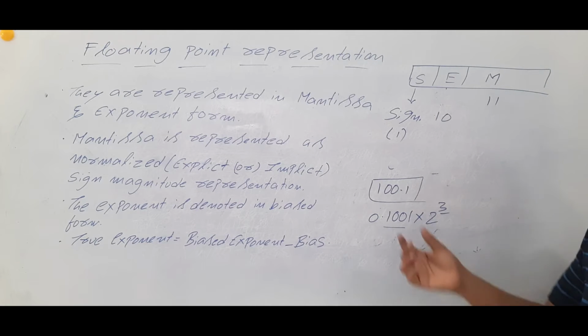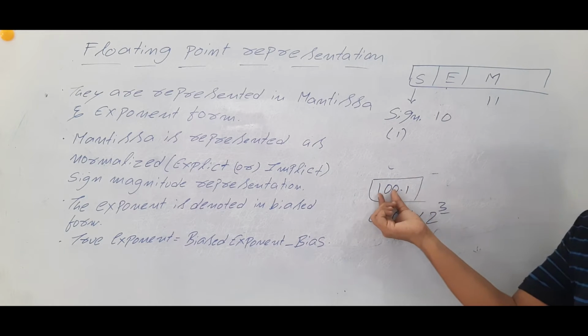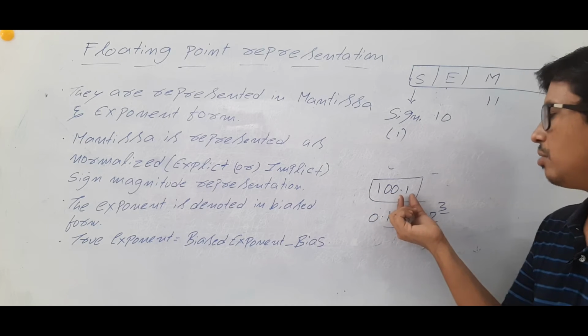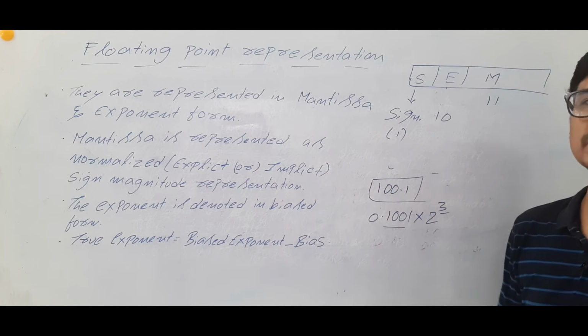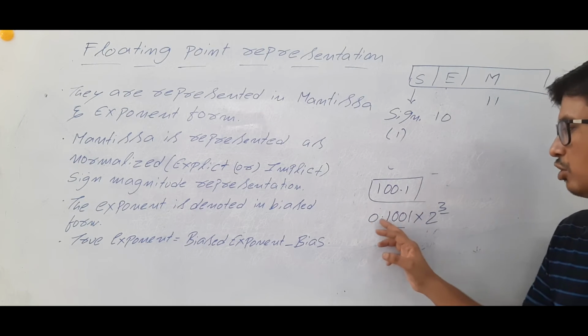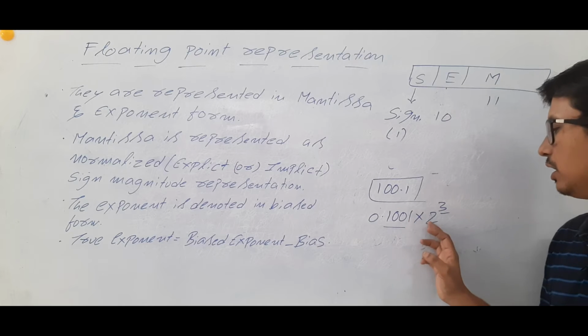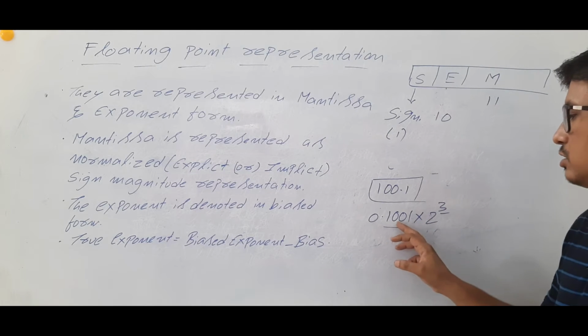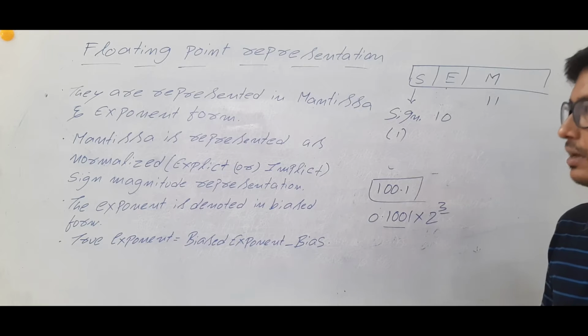Are you able to understand? You want to represent 4.5. Normally we will represent it as 100.1. But we have to represent it in the normalized way, so we will convert it into 0.1001 into 2 power 3. Now the 3 will act as the exponent, and 1001 will act as the mantissa.